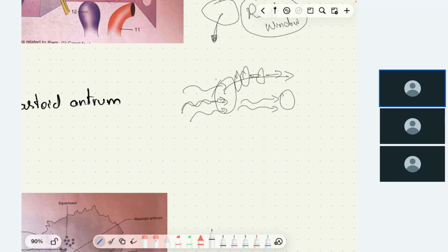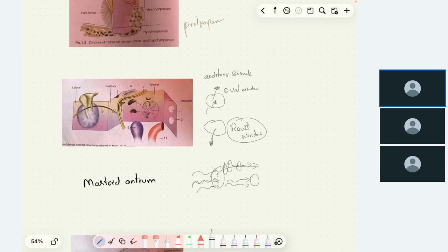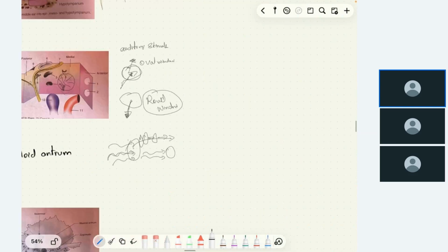So while the footplate of the stapes goes in at the oval window, the round window comes out. What is the implication of this? Here in the inner ear we have scala vestibuli, scala tympani, the hair cells, the basilar membrane and all.